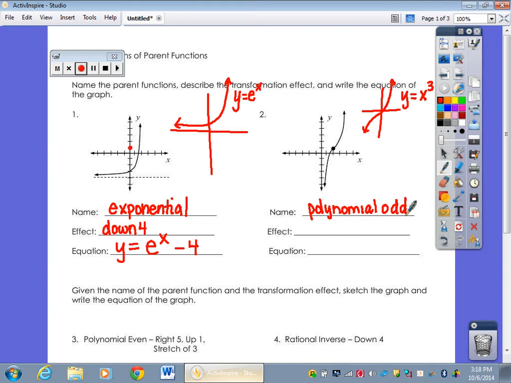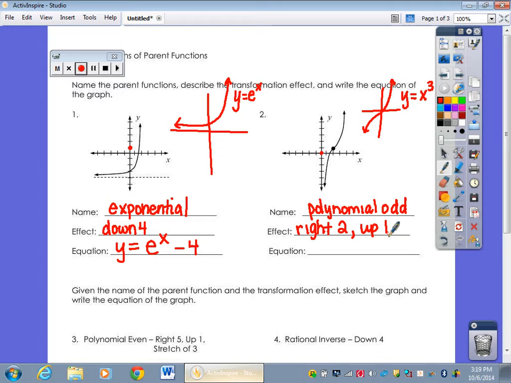Okay. And then the effect that it had, well, obviously it shifted, because this was the original that it went through. So it shifted to the right 2, and it shifted up 1. Okay, right 2 and up 1. No reflection, no compression, and no stretch.